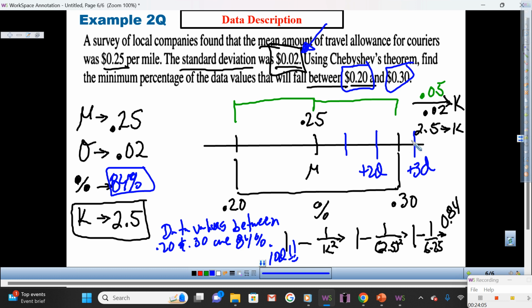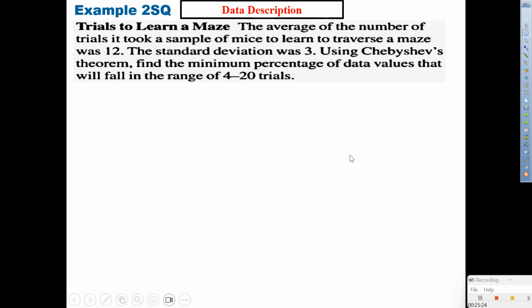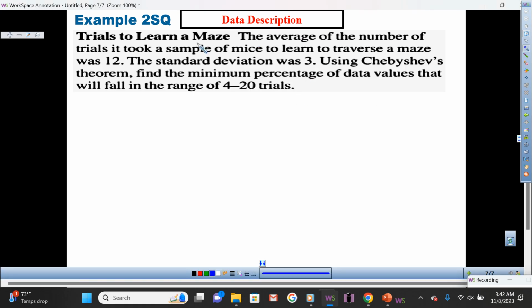All right. So I'm going to give you one for you to do like this. You don't have to send me your notes, just to save time. Do this next one by yourself, very similar to this one, and let's see how you do. Example 2, super Q. You don't have to copy this, just get your data. Let's see, do they give us a mean? Tell your neighbor what the mean is, please. 12, yes.